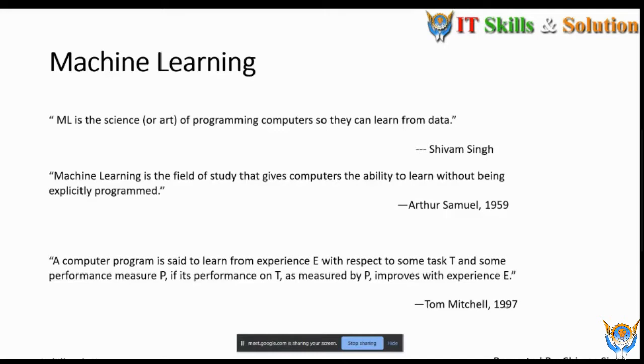This is the definition given by Arthur Samuel in 1959. I think this definition is clear to all of you. This is the main difference between anything explicitly programmed and anything which is learned automatically.